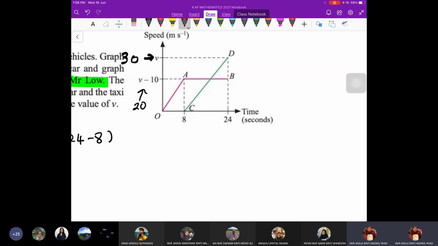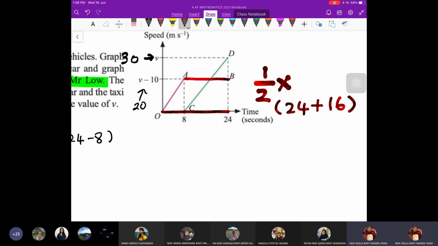So area of trapezium adalah 1 over 2 you multiply dengan sum of parallel lines. So ini AB dengan 0 hingga 24 ni parallel lines. Okay, so sebab itu kamu akan ada kat sini 24 tambah 16. So 16 ni datang dari mana? 24 tolak 8. Okay, and then you multiply dengan height.